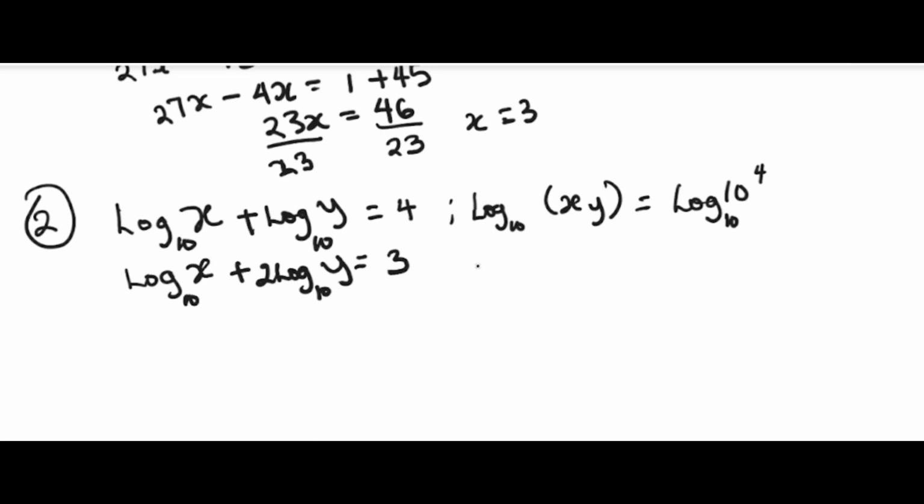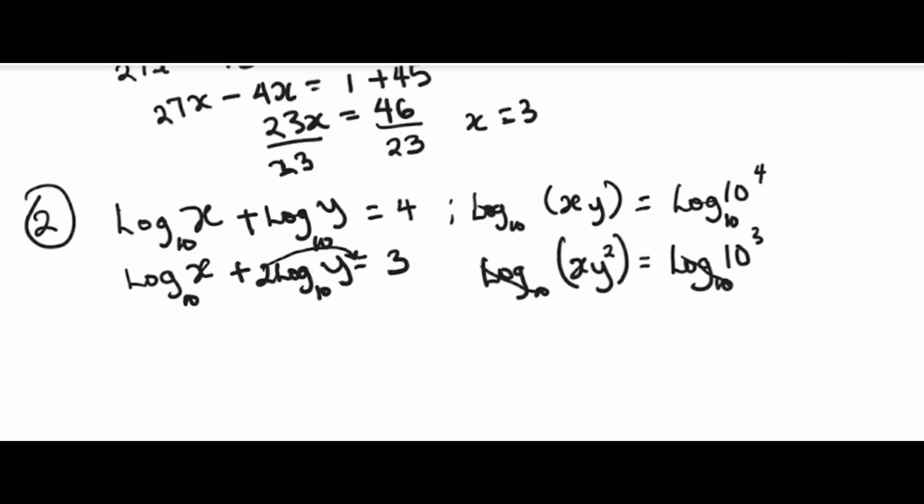We also have log in base 10. Recall that these two will come over here and this will become y squared, right? All right, so we'll have xy squared is equal to log 10 in base 10 raised to the power of 3. So from here, the bases will cancel out.